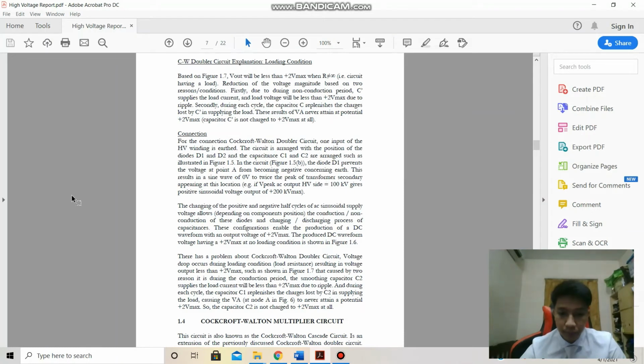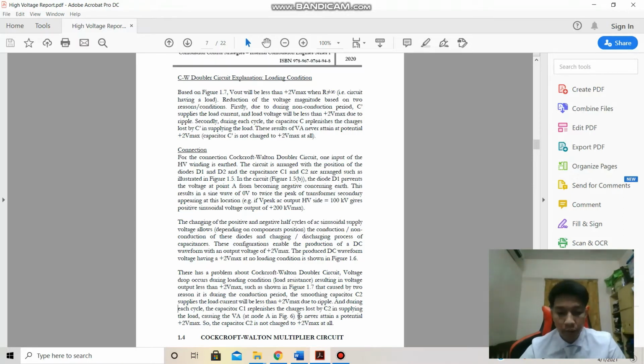This is caused by two reasons: during the conduction period, the smoothing capacitor 2 supplies the load current and the voltage will be less than 2 Vmax due to ripple, and during each cycle, the charge lost by capacitor 2 in supplying the load causes the voltage VA at node A in figure 1.6 to never attain the potential of 2 Vmax.